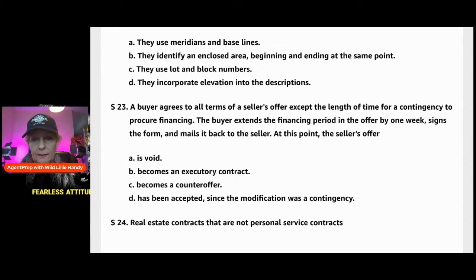We present a contract to the seller. If the seller doesn't like something, they change it. Now the buyer can either accept it or not. Whenever the seller changes it, it's a new offer, and the old one is void because something changed. So it's a counter offer, but the old one is considered void. We now have a new offer. So A is the answer.